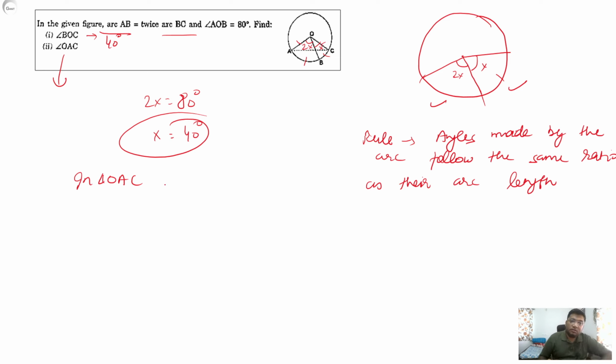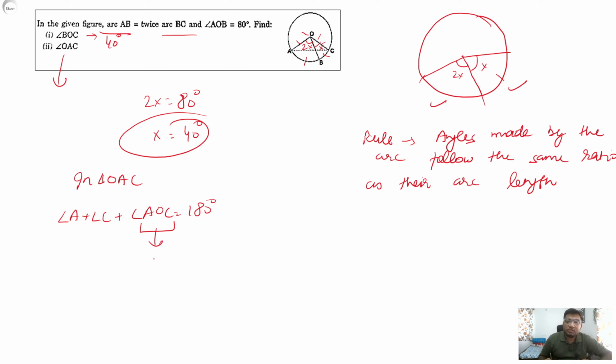That means angle A plus angle C plus angle AOC should all be 180 degrees. What is angle AOC? 3x. If you see, this part is 2x, this part is x. So 3x, and what is the value of x? That is 40 degrees.